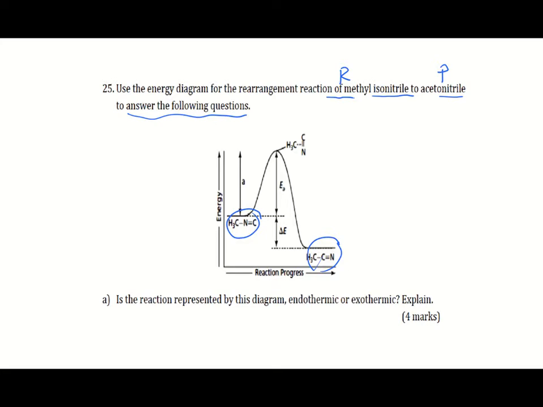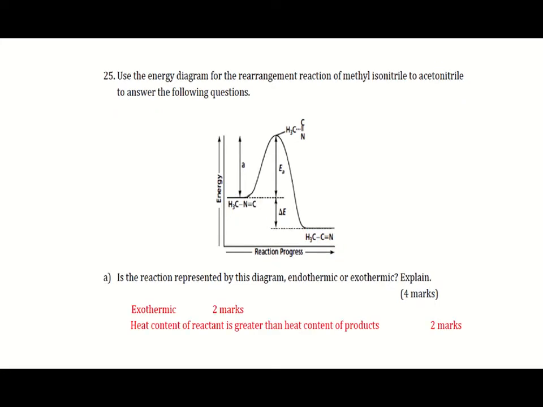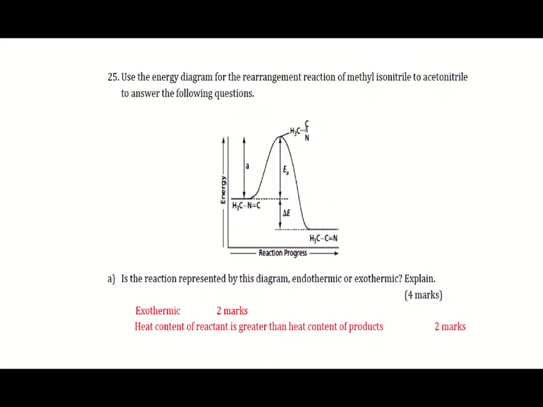Very simply, it's an exothermic reaction. And you are asked to explain why. Because the heat content of the reactant is higher than the heat content of the product. So heat of products minus heat of reactant will give you a negative sign.